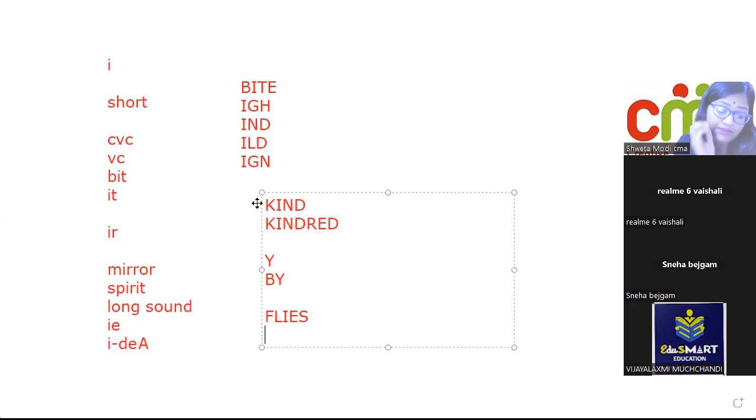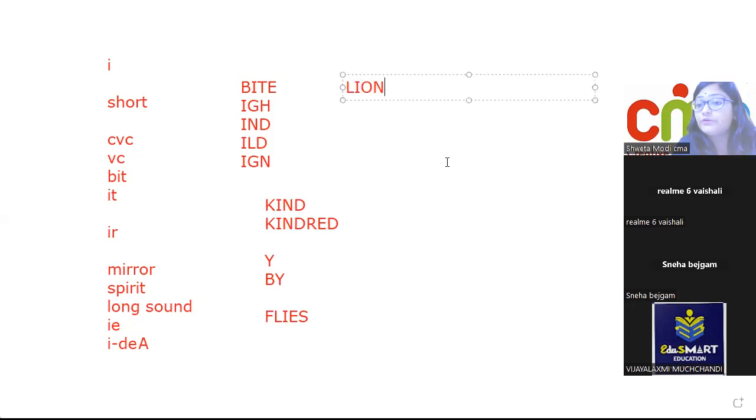When I comes before another vowel, what will happen? You will do syllabication, and when you do syllabication, you will have to leave that I alone because you cannot have two vowel sounds in one syllable. So you'll have to separate this.